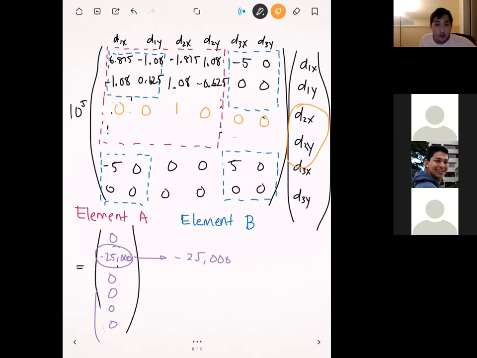Remember, when we apply these supports, we turn everything in that row to a 0 except for the diagonal component. The diagonal component, we're going to put a 1 there. And then that's it for d2y. Now let's apply the same thing for d3x and only d3x, because remember, we have a roller support there.